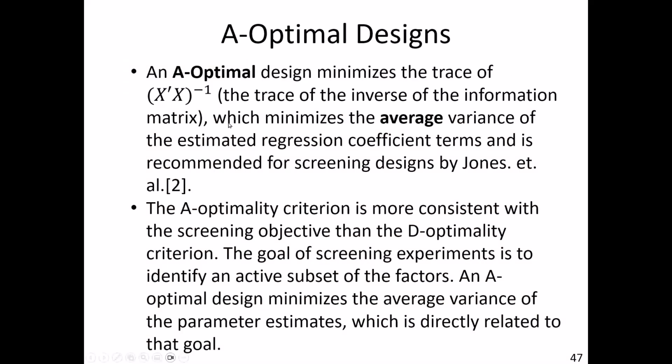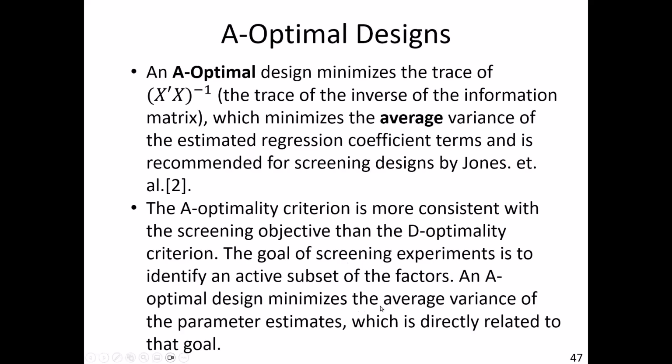Now, A-optimal minimizes the average variance of the estimated regression coefficient terms. Recently, Jones came out with a paper recommending A-optimal for screening designs. In that paper, they point out that A-optimality is more consistent with the screening objective. So what they're saying is that if you're doing a screening design, rather than a D-optimal design, use an A-optimal. The goal of the screening experiment is to identify an active subset of the factors.